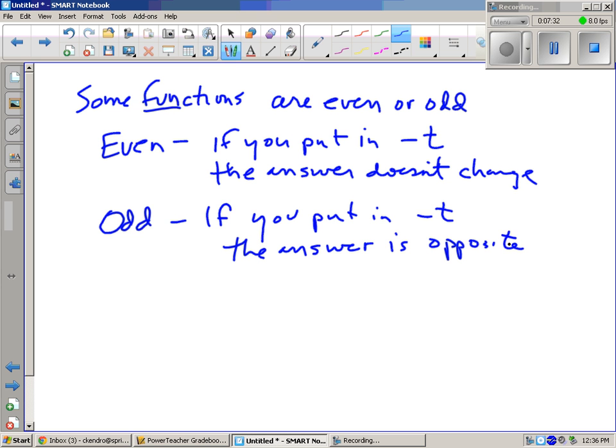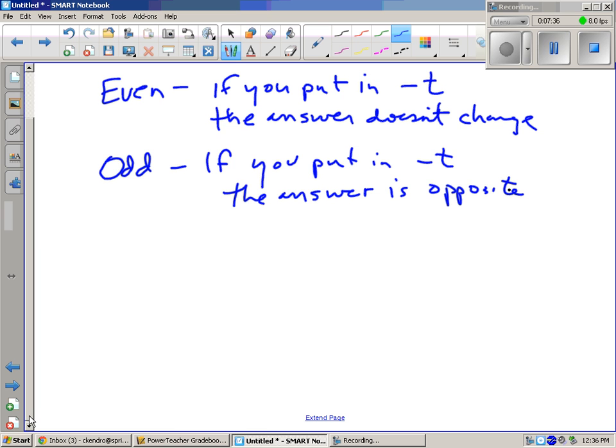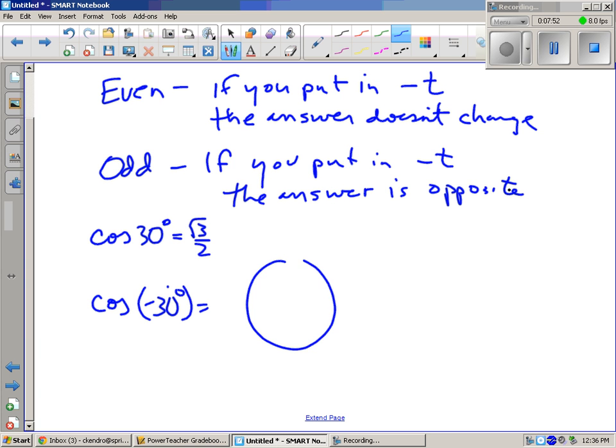All right, now let me give you an example. Let's say I have the cosine of 30 degrees. From your circle that you drew, we got that to be √3/2. Now what if I did the cosine of -30 degrees? Well, let's look at a picture here. Here's 30 degrees, here's -30 degrees.